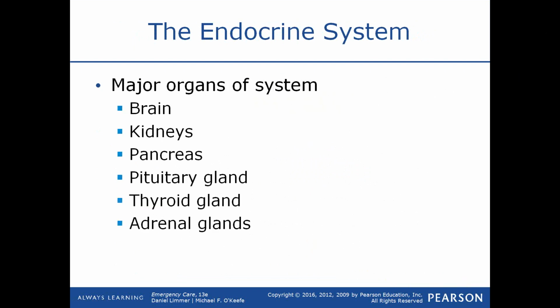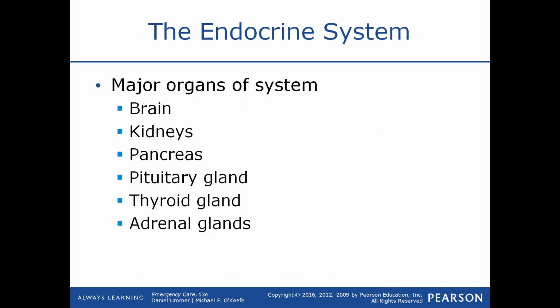Now, the main organ systems in the endocrine system, of course, include the brain and the kidneys. On top of the kidneys sit the adrenal glands, and the adrenal glands are where adrenaline or epinephrine and norepinephrine and dopamine are released.